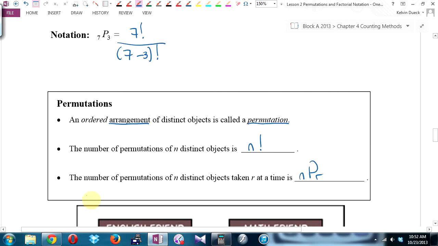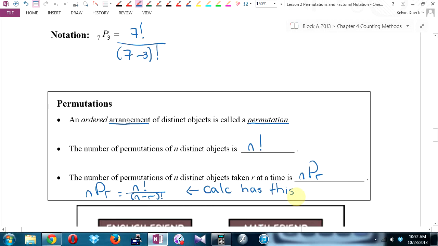And underneath we're going to say nPr is defined as n factorial all over (n take away r) factorial. Your calculator has this.